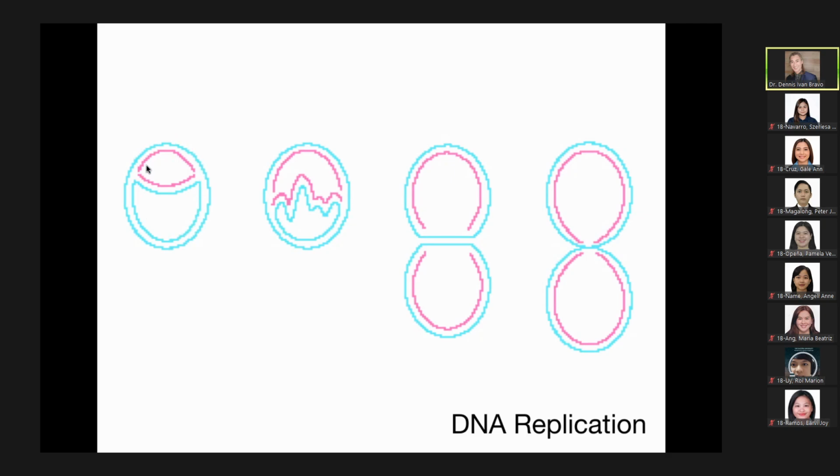This is the origin of replication in a closed circular DNA. This is the replication bubble itself that formed in the origin of replication. And each side is called the replication fork. The 2 replication forks are moving away from each other, so they are said to be bidirectional.